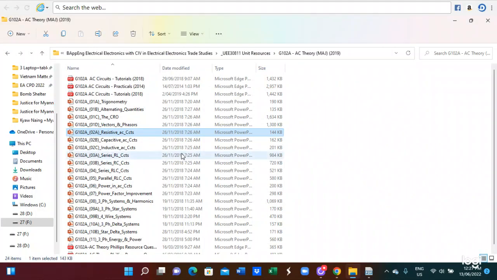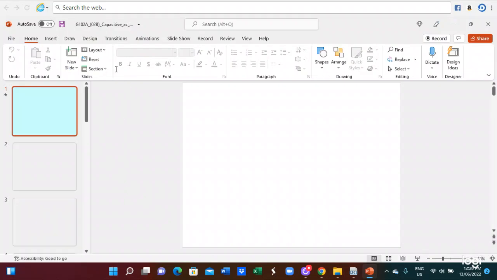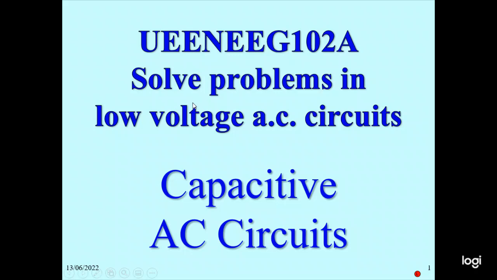The next one will be the resistive capacitive AC circuit. UEENEEG102A, solve problems in low voltage AC circuits. We learn about the capacitive AC circuit.